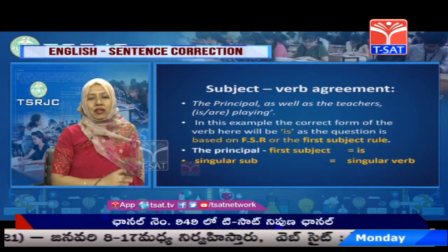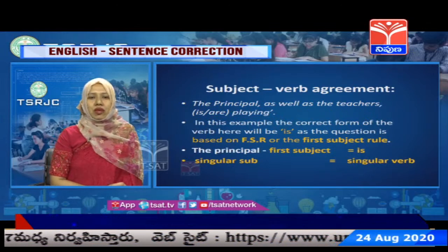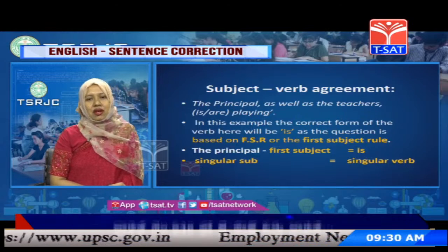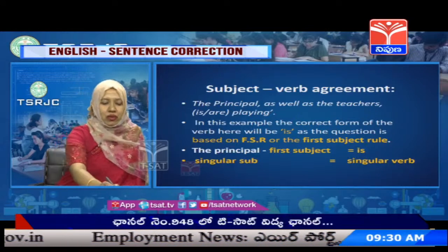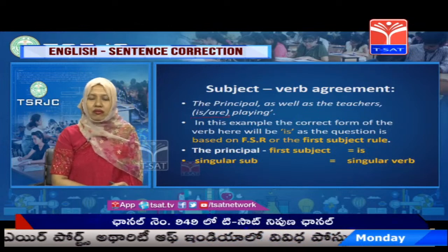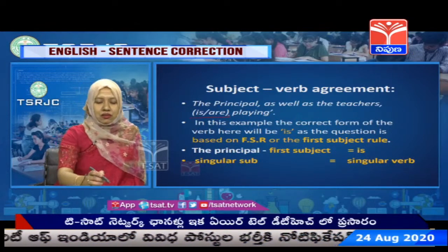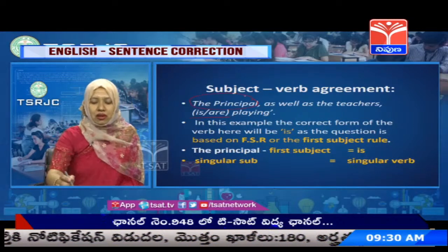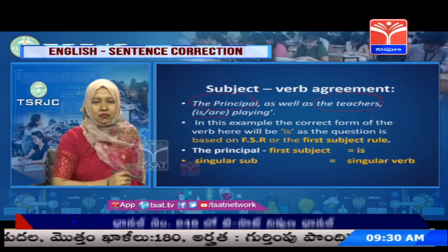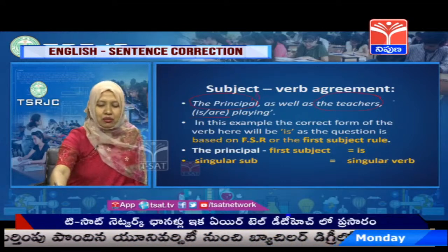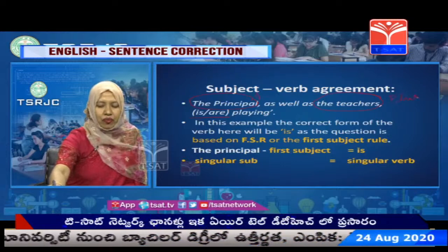Let us look at the farthest subject rule example. The principal as well as the teachers dash playing. Now, in this sentence again we have 2 subjects, the principal, the teachers. Here the subject is singular, here the subject is plural.